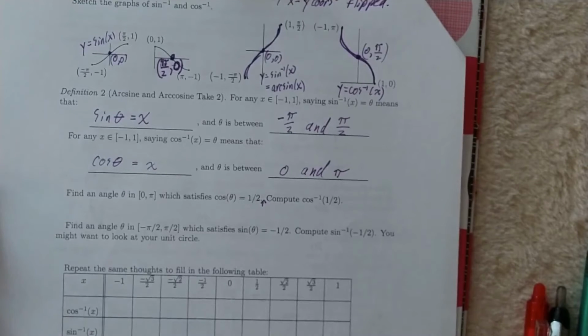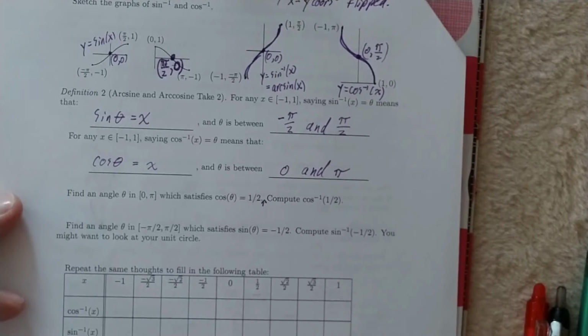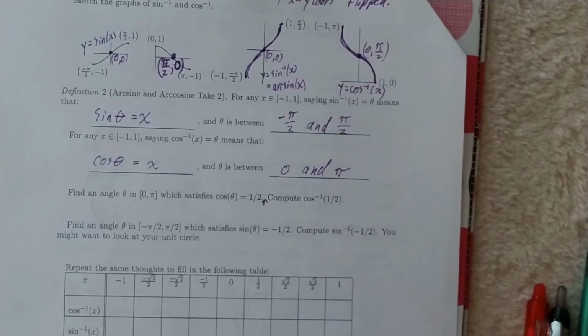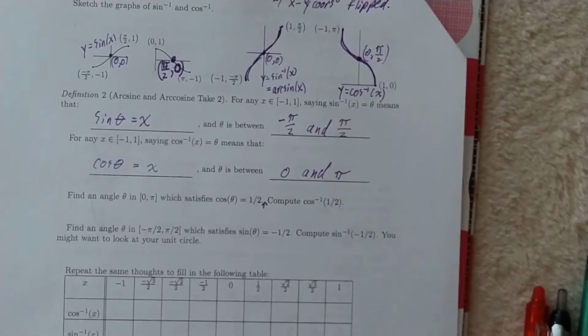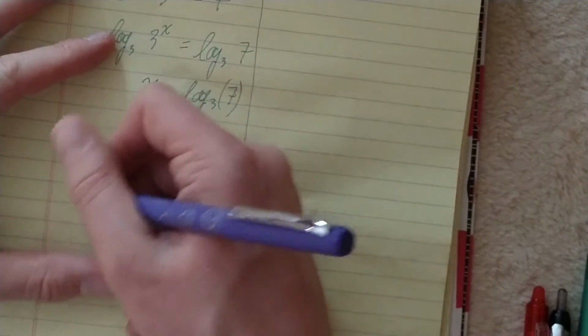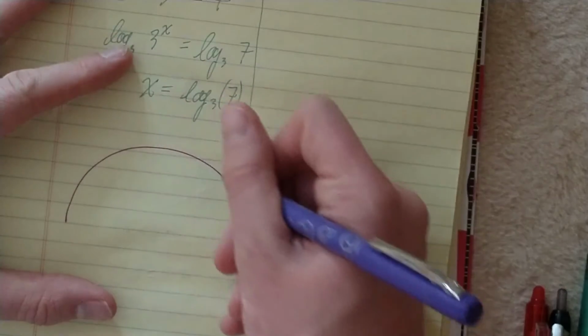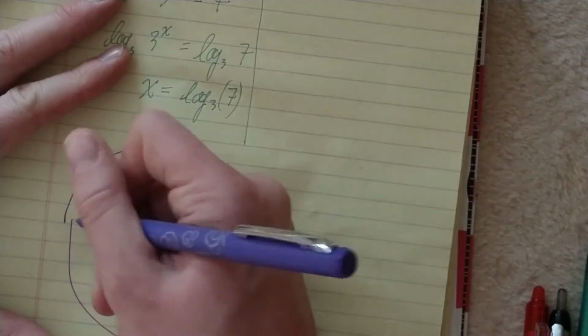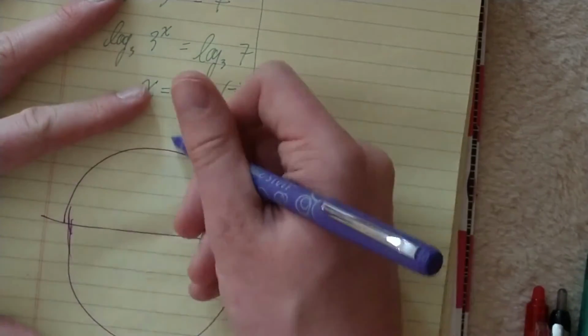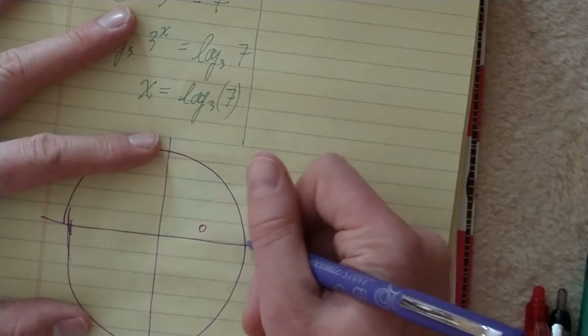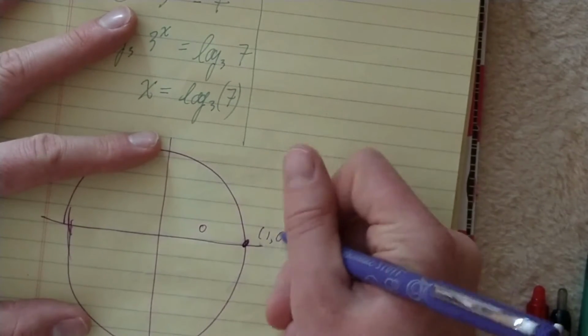Think for a moment and find for me an angle theta between 0 and pi which satisfies cosine of theta is equal to 1/2. And to do that, take a look at a unit circle. If you've got one handy, use it. Otherwise, I'll draw a unit circle. An angle of 0 radians lands you at 1, 0.